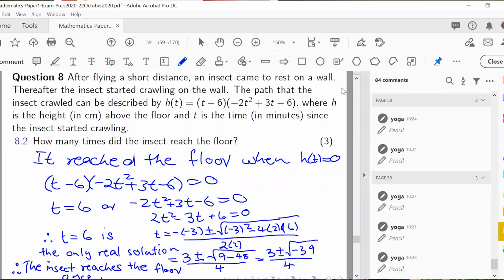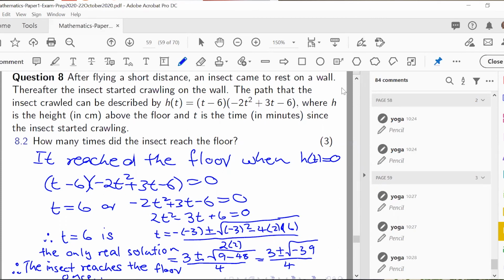After flying a short distance, an insect came to rest on a wall. Thereafter, the insect started crawling on the wall. The path that the insect crawled can be described by h(t) equals (t minus 6)(minus 2t squared plus 3t minus 6), where h is the height in centimeters above the floor and t is the time in minutes since the insect started crawling.